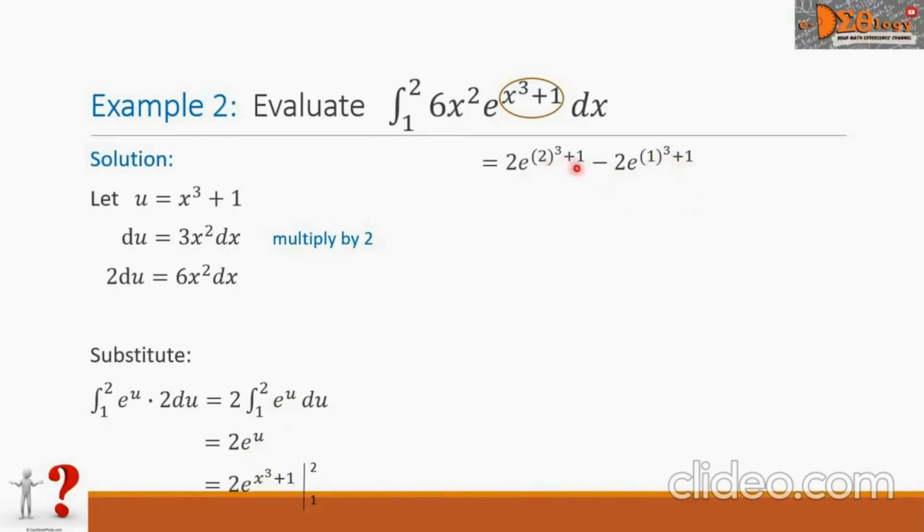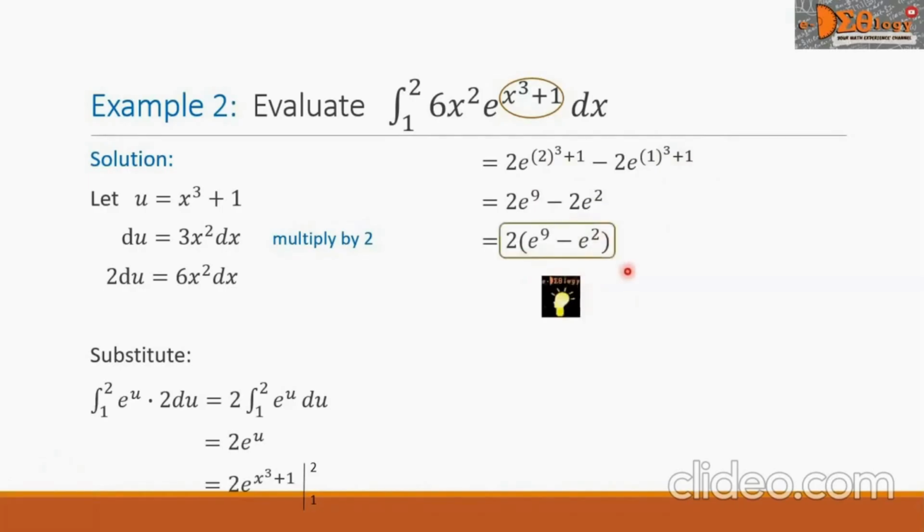This 2 cubed plus 1 is 9, so we have 2 times e raised to 9 minus this 1 cubed plus 1 is 2. So we see here 2 times e squared. We can factor out the number 2 from each term, so we have 2 times the quantity e raised to 9 minus e squared. This is the final answer.